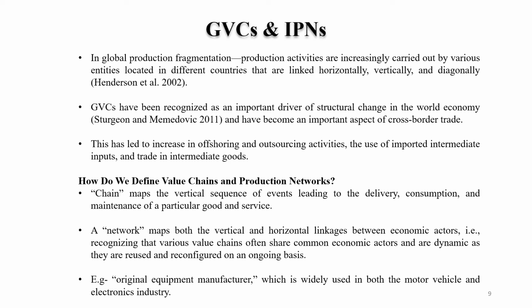On the other hand, when we say network, this takes into account both vertical and horizontal linkages between different agents, economic actors. So in the case of value chain, we are thinking of sequential activities, but in the case of network, a complex set of activities involving both vertical and horizontal linkages is being considered.